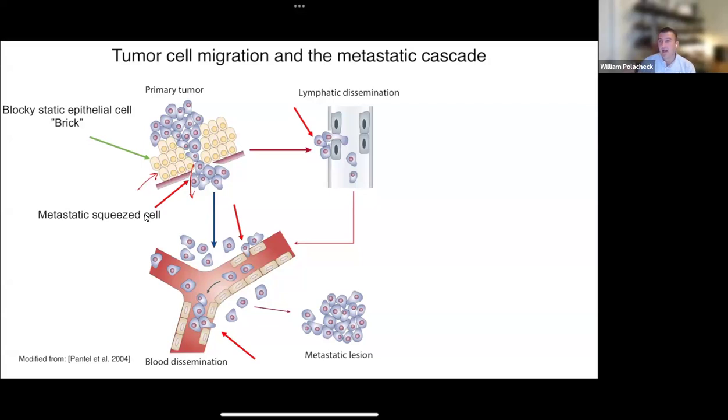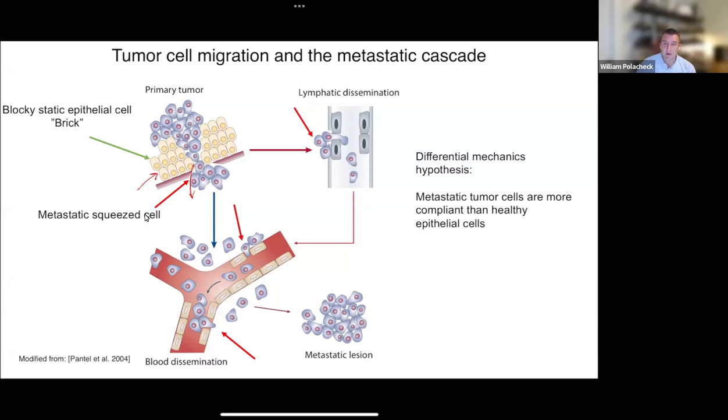But we can maybe abstract it to discuss why microfluidics would be helpful by just thinking about this mechanics transition that must happen: that metastatic tumor cells have to squeeze through things. So perhaps a reasonable hypothesis might be that they're more compliant than the healthy cells, which form this brick-like structure and maintain a barrier in a healthy tissue.